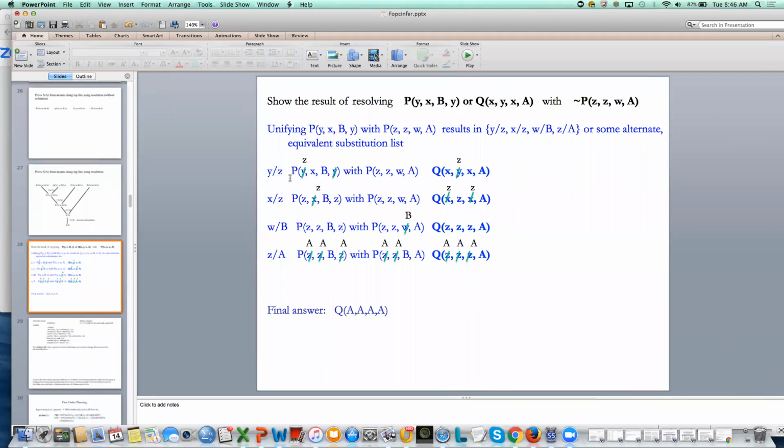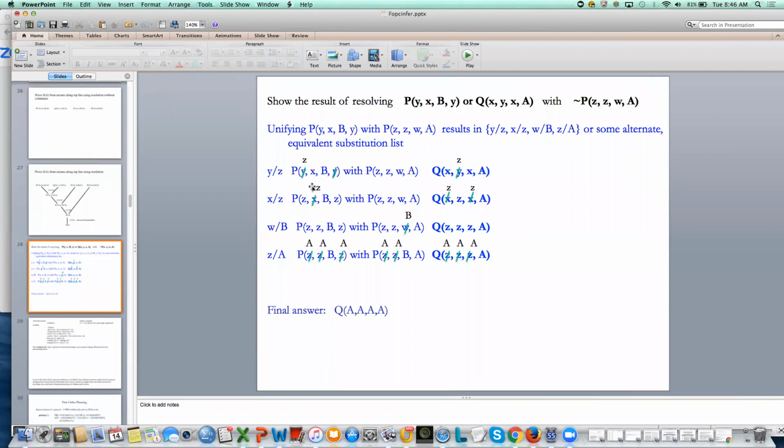You would go through argument by argument. You would first make sure that the predicate names were the same. You'd look at the first argument. You would bind y to z, or vice versa. As long as you're consistent, it will work out. And so you would substitute z for all instances of y, and you would do that over here in the Q expression too.